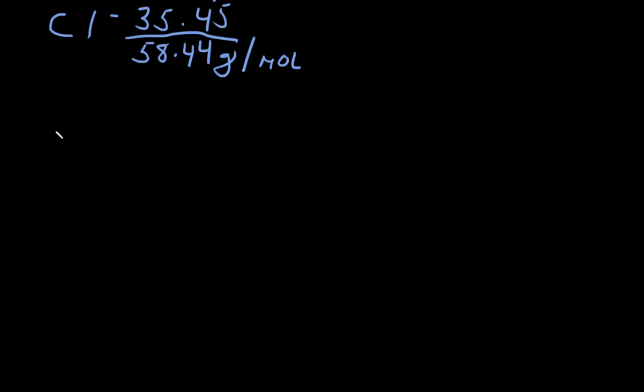Let's look at carbon dioxide, CO2. So we'll go again to our periodic table, and we'll find that carbon has an atomic mass of 12.01.